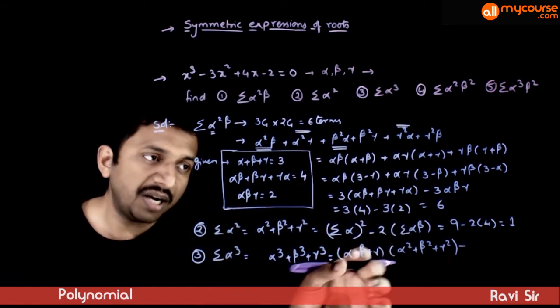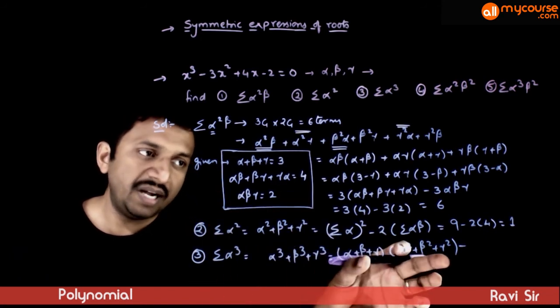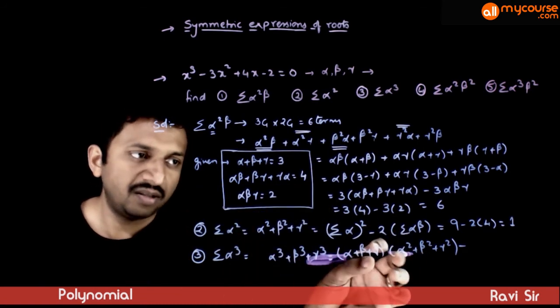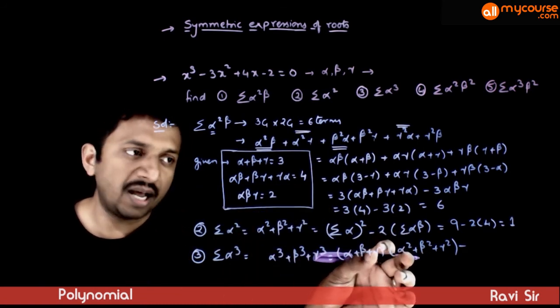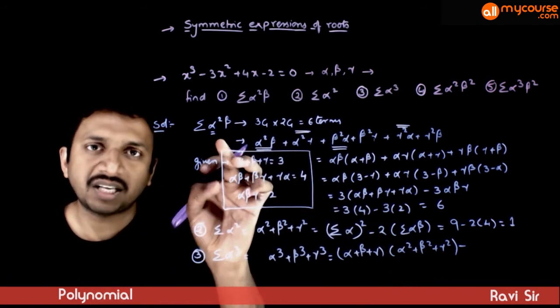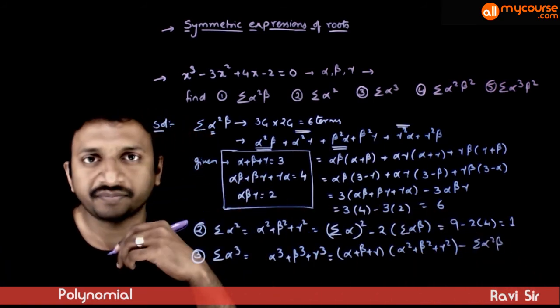What are the extra terms you get? Alpha beta square plus alpha square beta, beta gamma square plus gamma square beta, and alpha square gamma plus gamma square alpha. This is nothing but the first expression, right? Minus sigma alpha square beta.